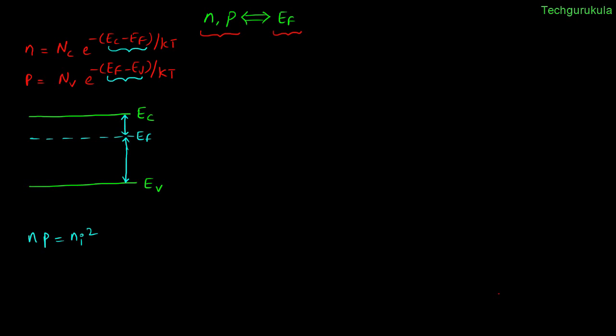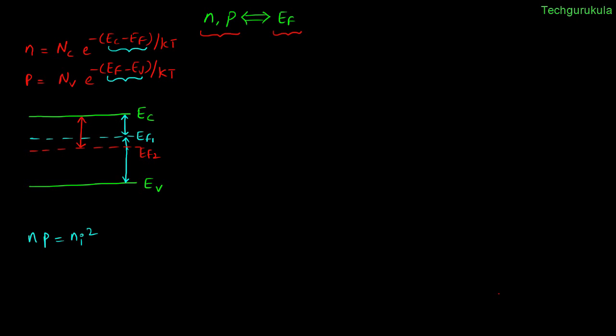Now, to understand what happens when the Fermi energy level changes, let me take the Fermi energy level for the next case to be slightly below the first case. To distinguish this, let me take the first one to be EF1 and the second one to be EF2. In the second case, Ec to Ef is higher compared to the previous one.